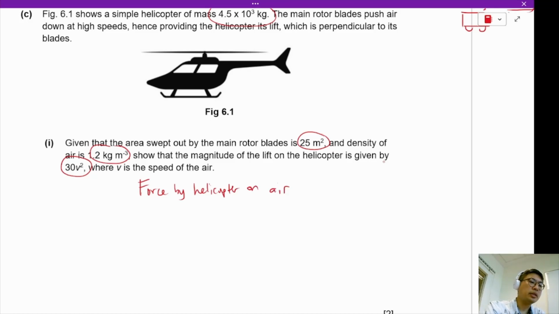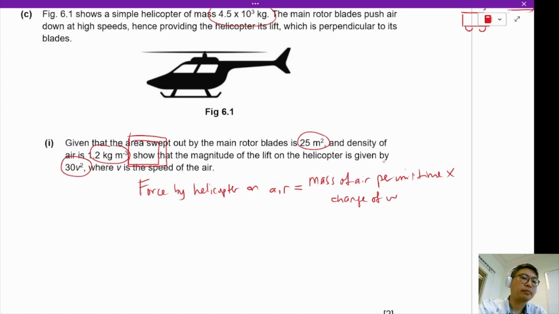Remember that this is a show question, so you must show working with explanation. The force by the helicopter on the air will be the mass of air per unit time multiplied by the change of the velocity of the air.